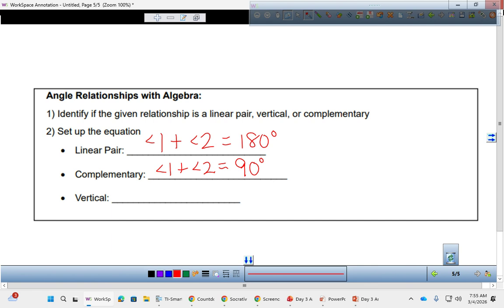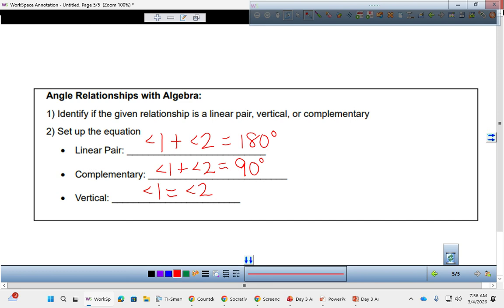Finally is vertical. Vertical we talked about is those pizza slices that are across from each other, but they're the exact same size, okay? So in a vertical relationship, angle 1 is equal to angle 2. So if they are across from each other, and I know that angle 1 is 15 degrees, then angle 2 is 15 degrees too, right?